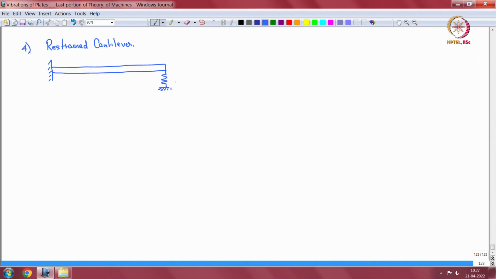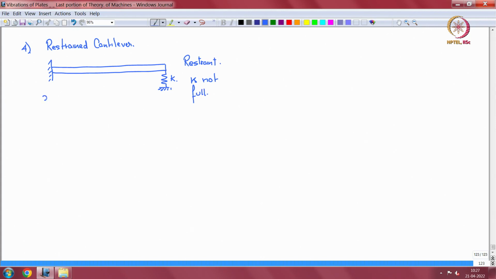It is restrained by a spring, let us say constant is K, and the restraint is not a full restraint. It can deflect, the deflection is not 0.